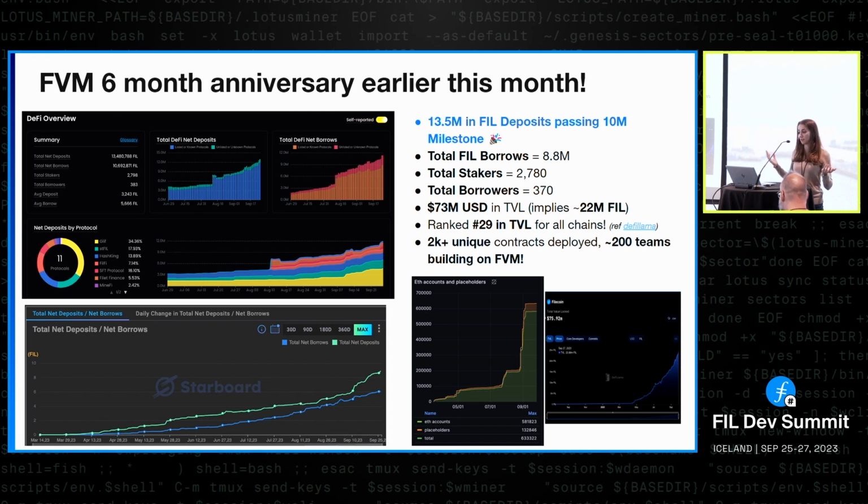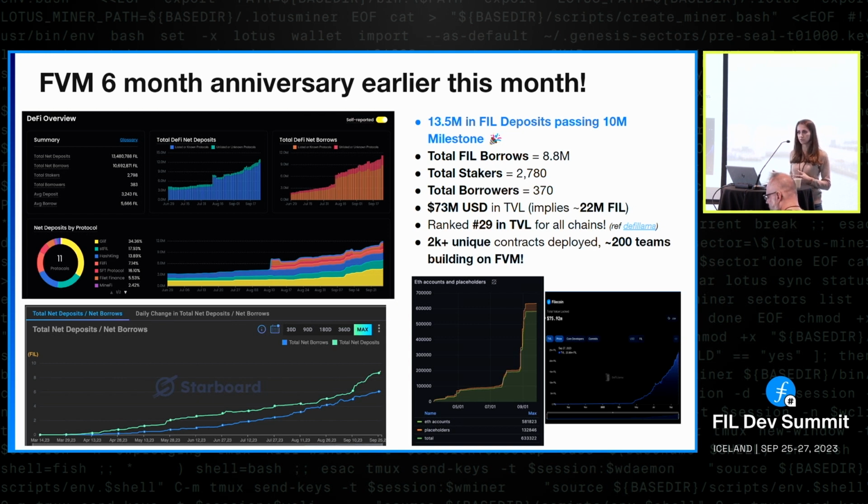We are really pleased to share some important metrics, why they are important, and what the current state is. We wanted to reach the 10 million deposits through FEM milestone, and we reached the 10 million right around our 6-month anniversary.